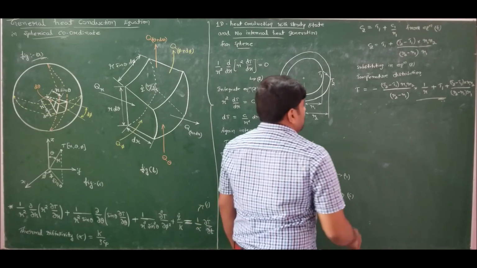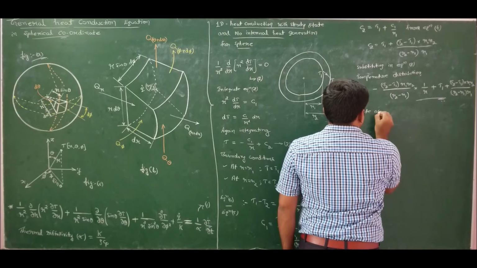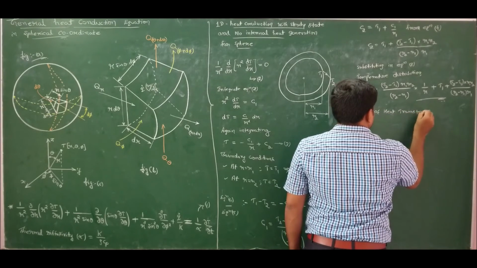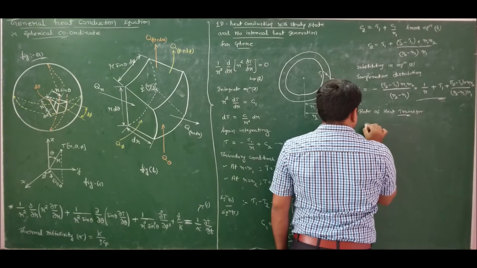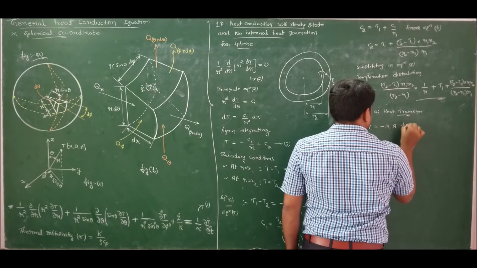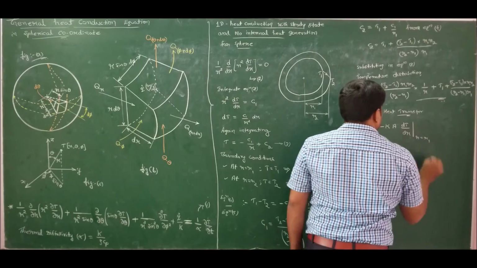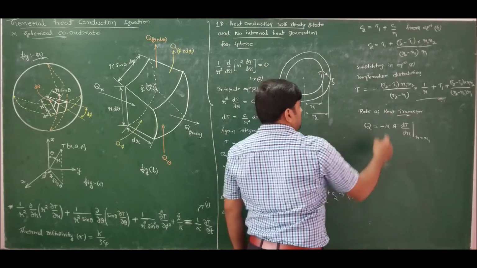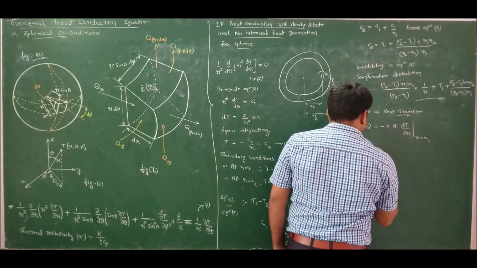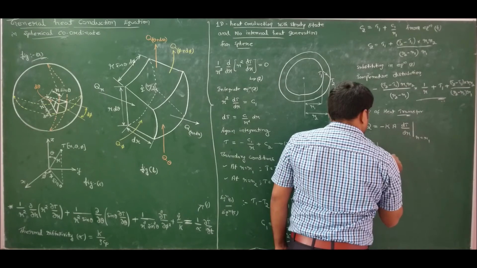Now if I want to determine the rate of heat transfer, from Fourier law of conduction, we have Q is equal to minus K A dT by dr evaluated at R is equal to R1. So now we know the temperature distribution, and therefore I will get the gradient dT by dr evaluated at R is equal to R1.